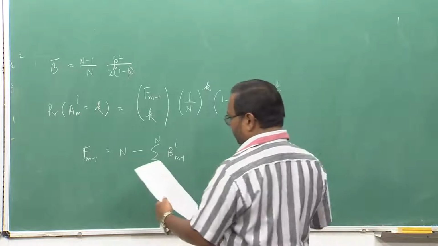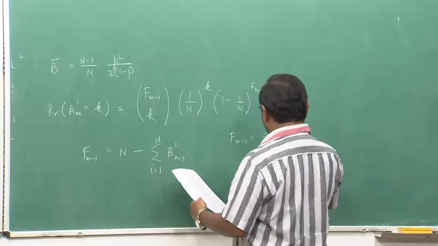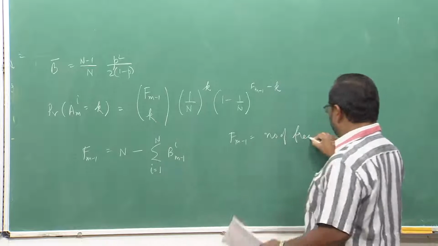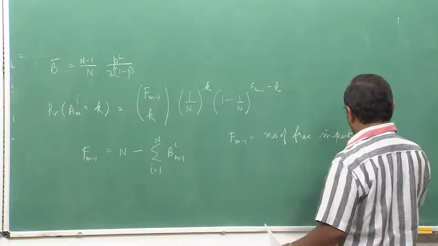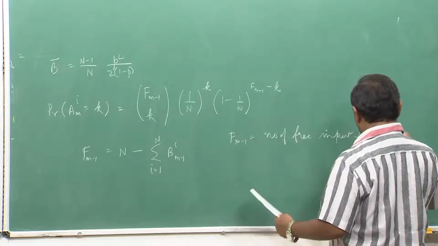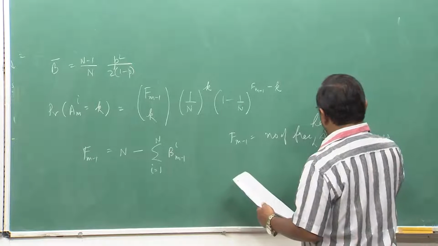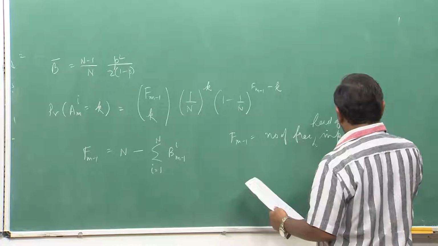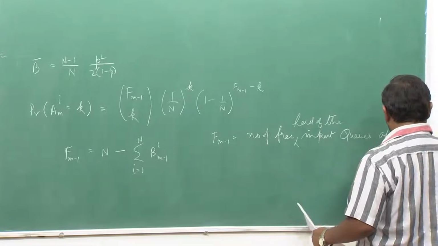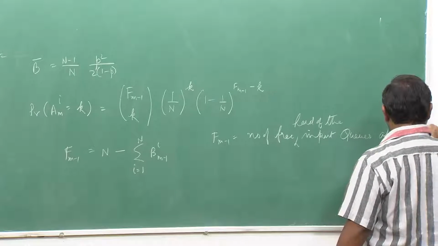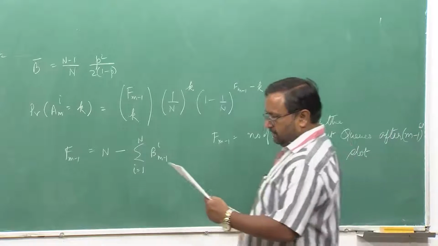So Fm minus 1 is now going to be written formally as the number of head of the input queues after the m minus first slot.